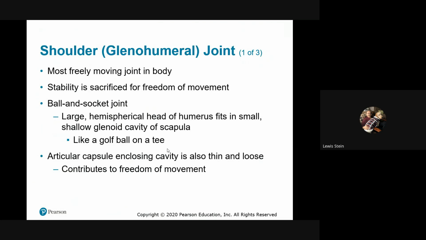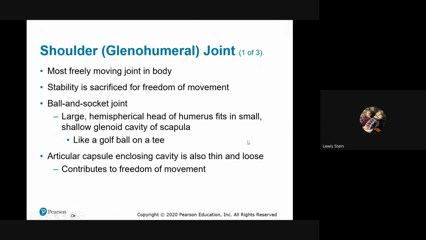The shoulder, the exact opposite of that. Large hemispherical head, very tiny cavity, and a relatively small labrum that just deepens it a little bit. So the golf ball and the tee is a wonderful analogy, bless you. Every so often you get golf tees that are the regular wooden tees. Sometimes you get the plastic tees that sit just a little bit more engagement.